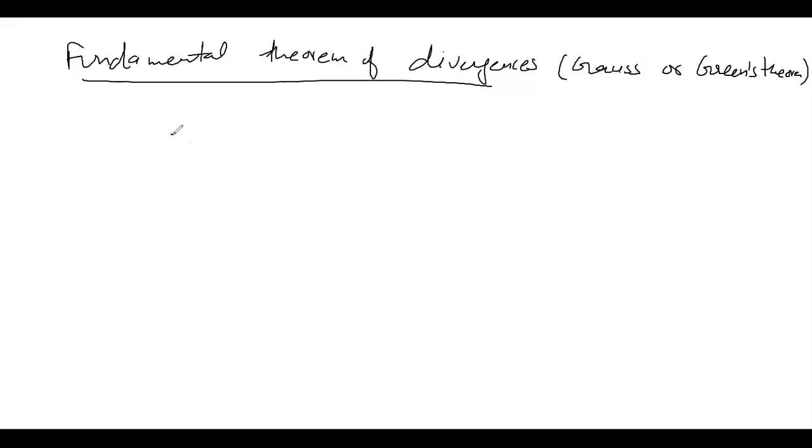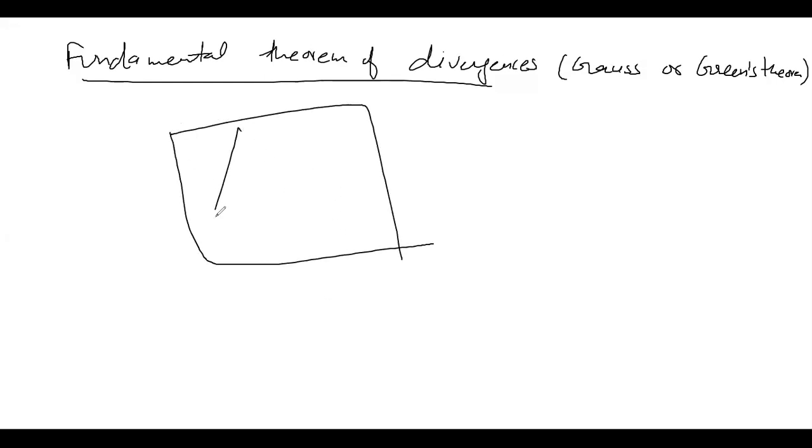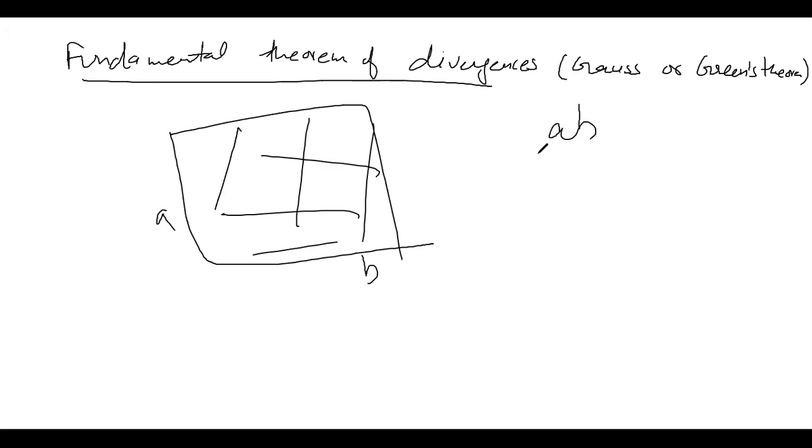For example, if you have a surface, your wall here, let's say this is the surface area. If this is A, this is B, the surface area will be given by AB. But this surface area is bound by a line here, which you can start from anywhere. It goes from here, to here, to here, and then it comes back to here.